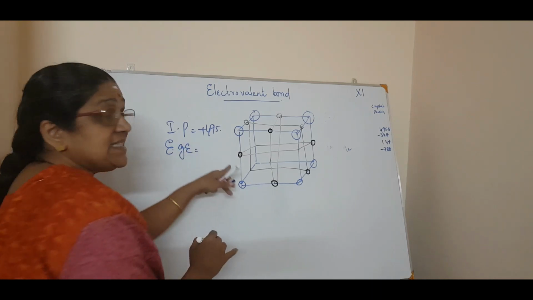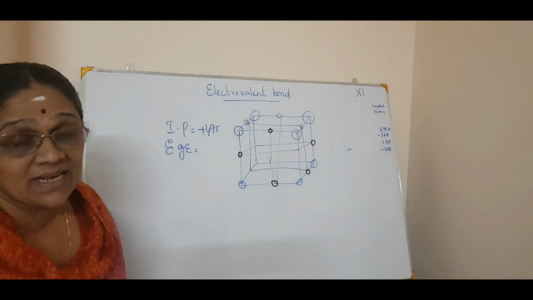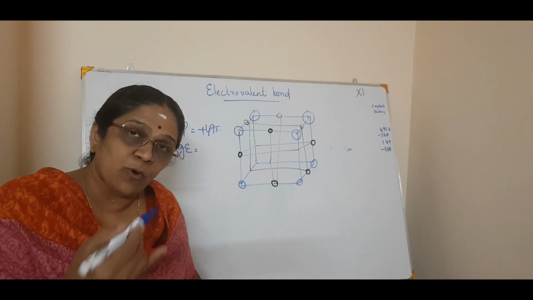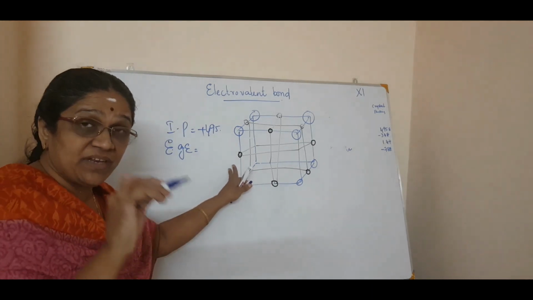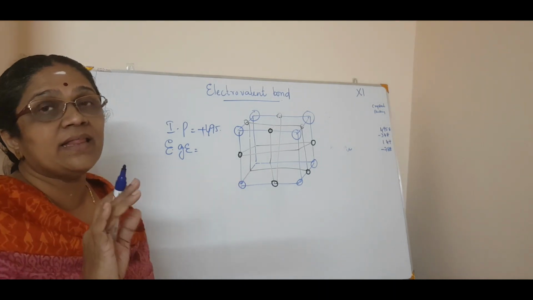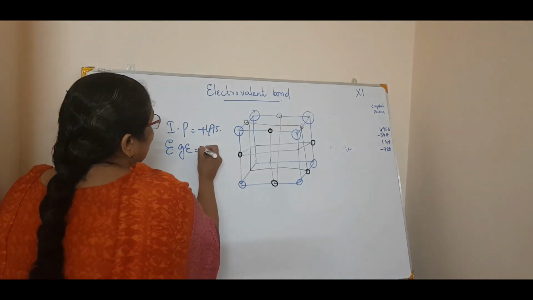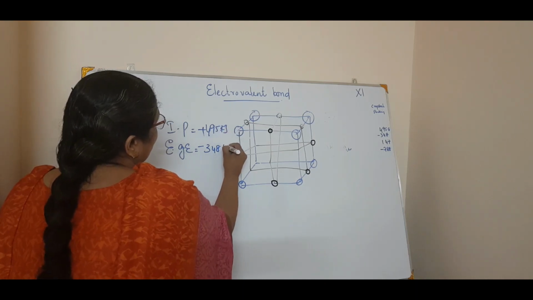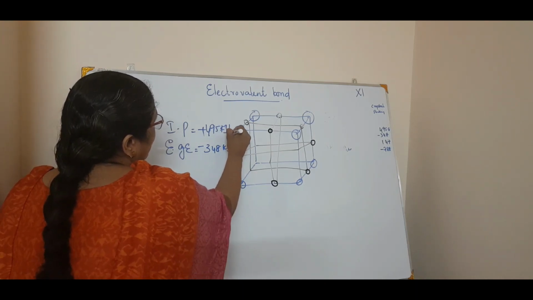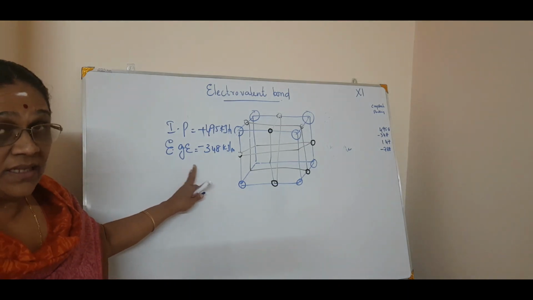In this case, it has a negative value. As I told you, it can be both positive and negative, but it is experimentally proven that in the formation of NaCl, the electron gain enthalpy is negative. It comes to be minus 348 kilojoule per mole, correct? Kilojoule per mole. Okay.